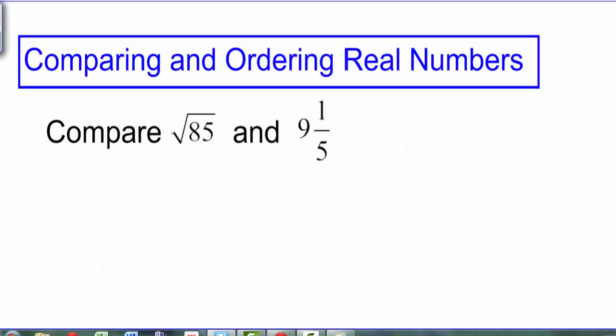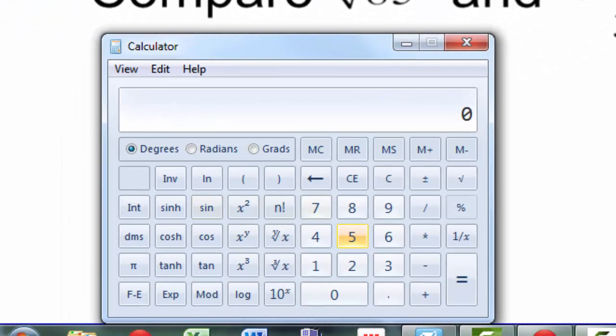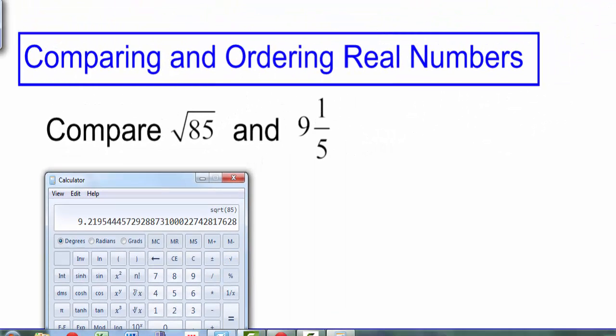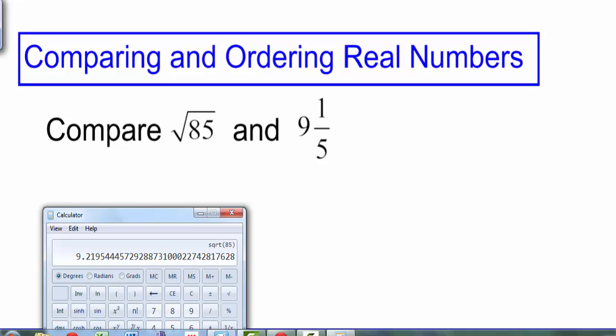Alright, now I just want to compare these real numbers here. So I've got the square root of 85 and 9 1/5. It's a little bit difficult to compare these because they're two different forms, but I can find the square root of 85, and that is approximately equal to 9.2195.